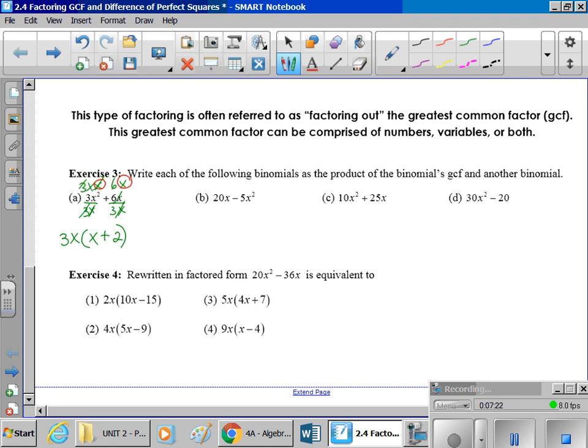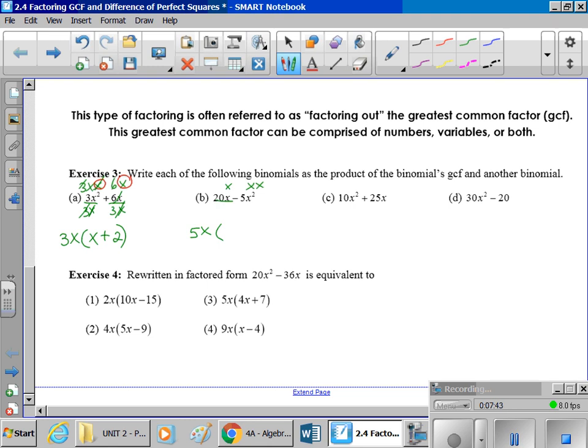So moving on to B. Sometimes I think the numbers are fairly obvious, at least to me they are. If I see 20, I see 5, and I realize 5 does go into 20, so my greatest common factor is going to be a 5. But then we also have to consider our x's, and again, I have 1x here and I have 2x's here, so I can only take out one of those x's.